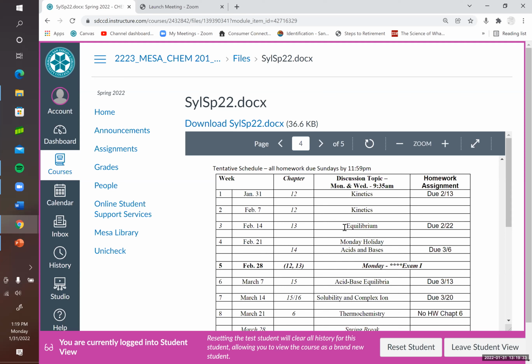Let me look that up real quick. 411. Oh, thank you. Thank you for checking that. So I want to not get that wrong. So 411 at 12:45. Yeah, there it is. I got it written down too.